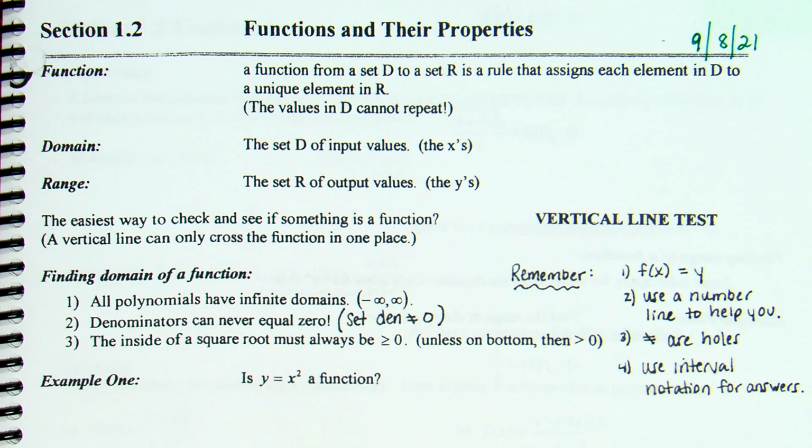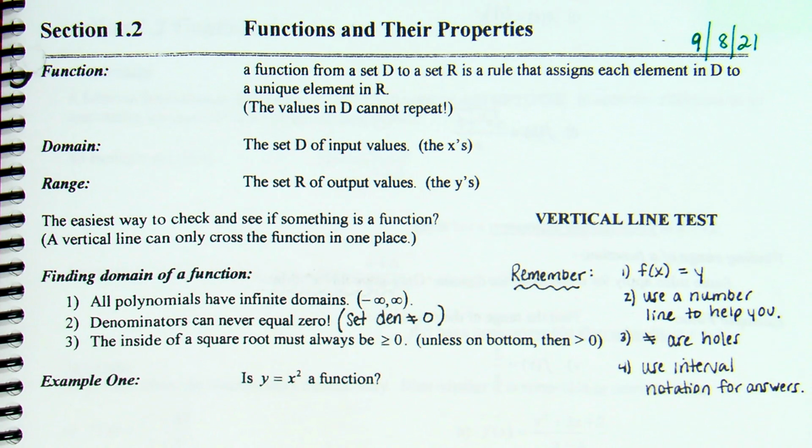Domain are the x values. And we usually say each value in the domain can only go with one value in the range.